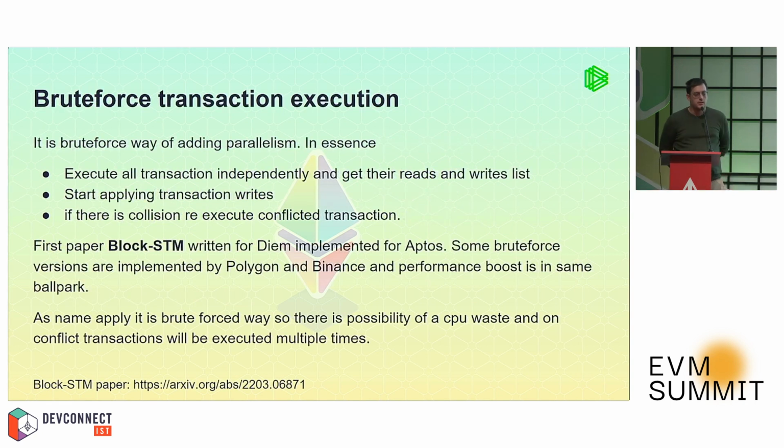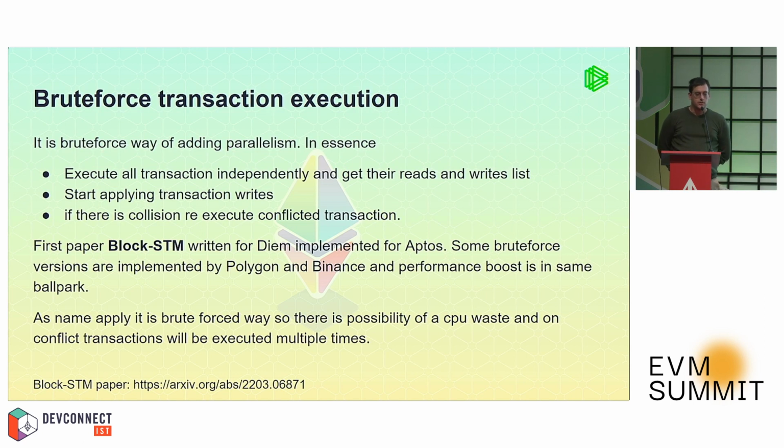So the next thing is brute forcing it. Basically, executing every transaction standalone, gathering every read-write access list, then applying transactions one by one and trying to find collisions. Because if you have a read-write access list, you can check if there is a collision, and if there is a collision, re-execute the transaction. The first paper on that is Block-STM, written by Diem, implemented in Aptos.